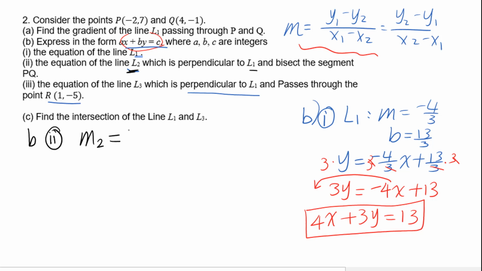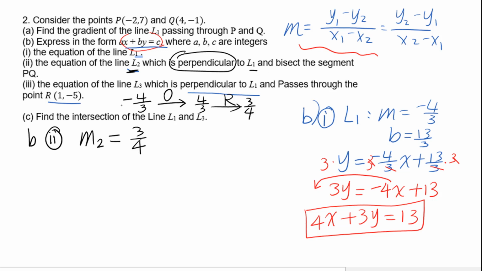Since this is perpendicular, we will do the opposite and reciprocal of -4/3. Opposite will be 4/3, reciprocal will be 3/4. Therefore, the slope for L2 will be 3/4.